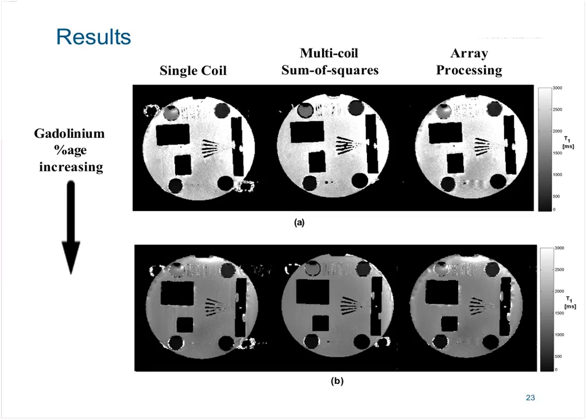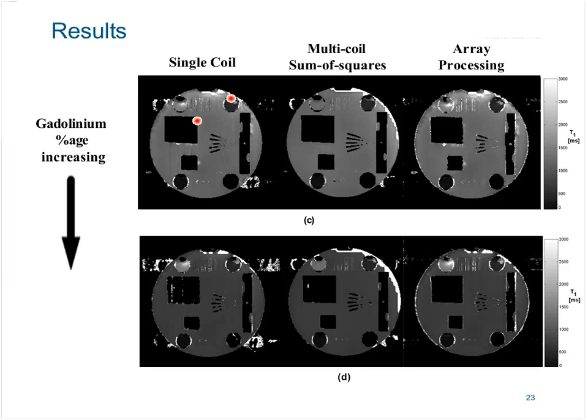In the columns, other methods are used. The simple multi-coil sum of squares method was used to combine the images coming from different coils. And in the third column, the array processing method, which was described earlier, was applied, and then the T1 map was fitted. So we can see that as the percentage of gadolinium increases, the relaxation time gets faster.